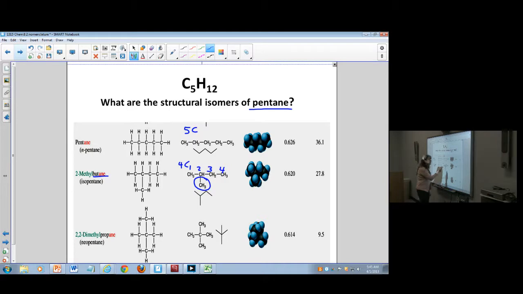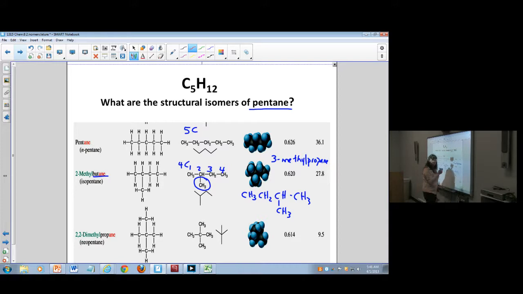What if, instead of drawing it this way, I made this structure with the methyl group on what appears to be the next carbon over? Would this be a 3? Is that a 3-methyl propane? And the answer is no. I want to number this with the least possible numbering.